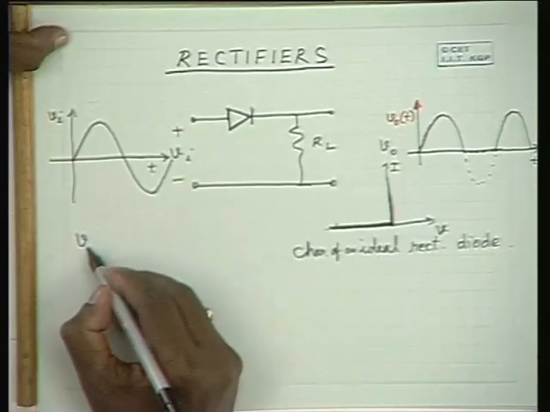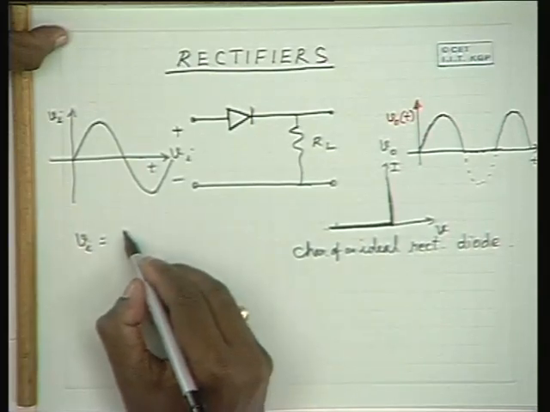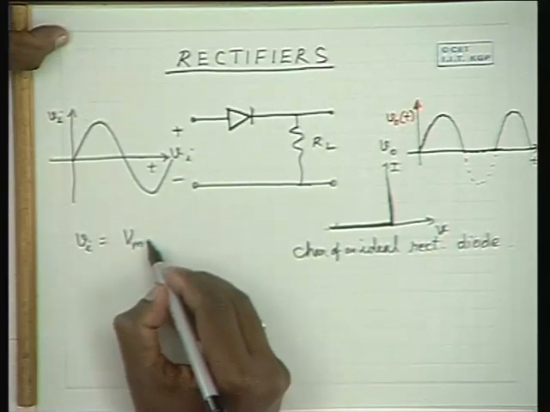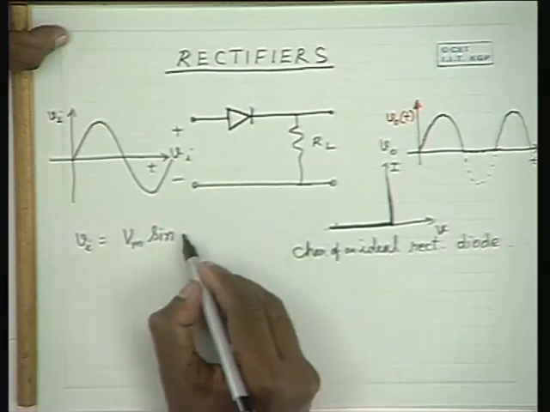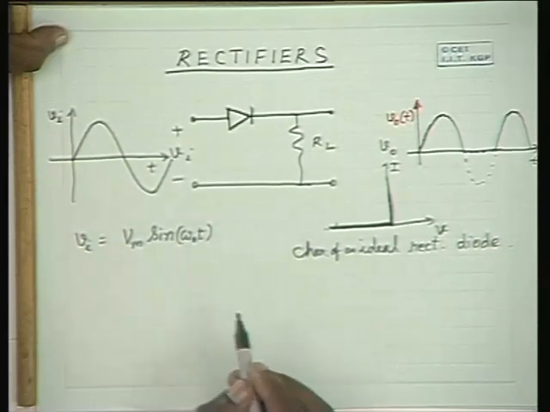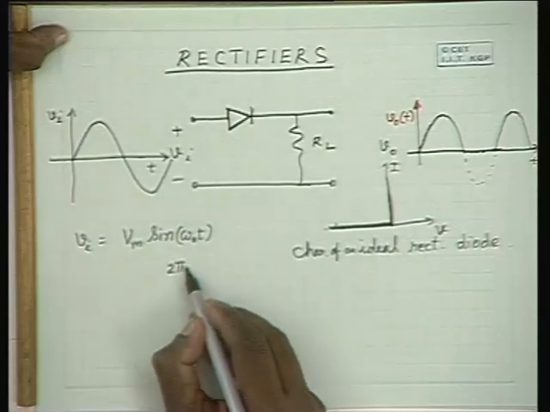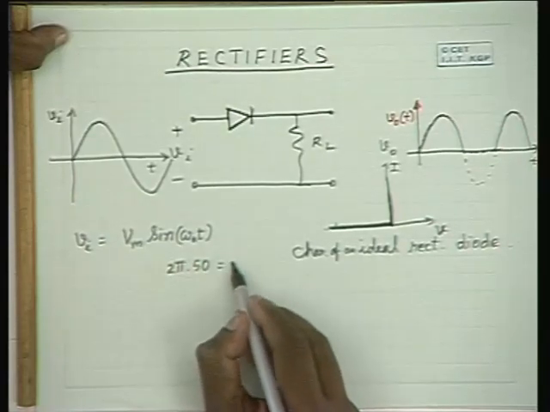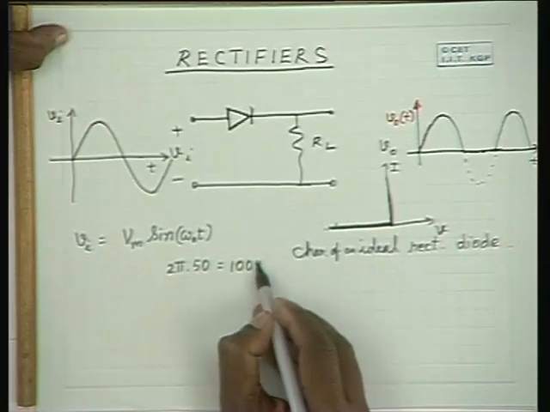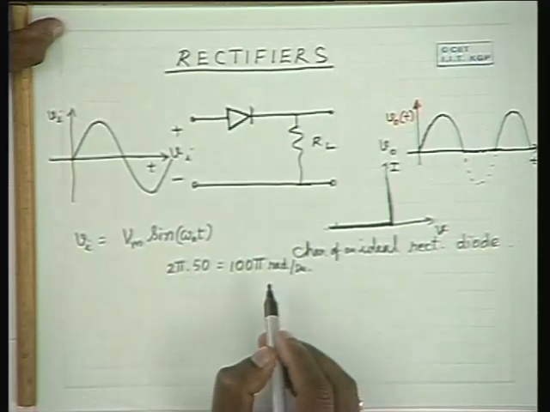So when the diode is ideal, if the input voltage is an alternating voltage, let me say the peak voltage is Vm, and it is a sinusoidal expression, Vm sin omega 0 t, where omega 0 is the radian frequency of the sinusoid, which is equal to 2 pi into 50 hertz, which is equal to 100 pi radians per second in our country.